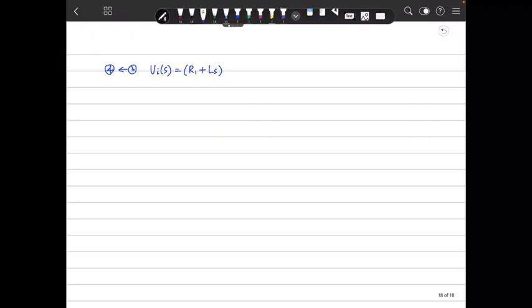So 1 over R2 VCS plus CS VCS minus C initial value, minus IL initial value plus VCS.